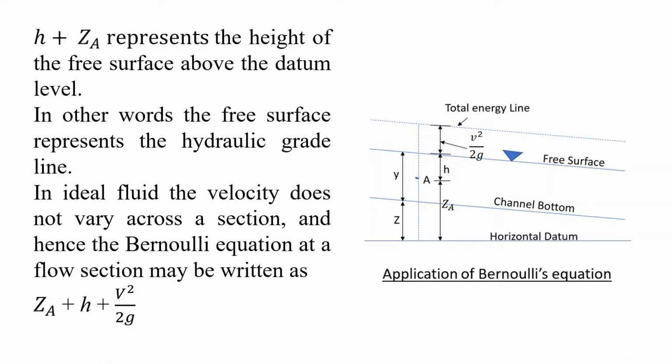In ideal fluid, the velocity does not vary across a section, and hence the Bernoulli equation at a flow section may be written as ZA plus H plus V square by 2g.